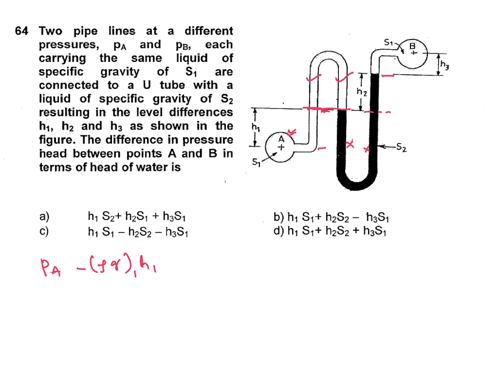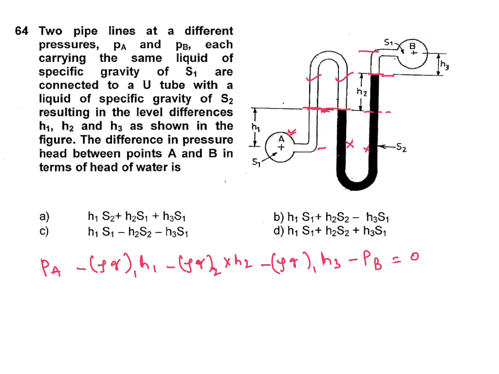So H2 rho g2 into H2. Then from here to here rho g1 H3 minus PB equal to 0.